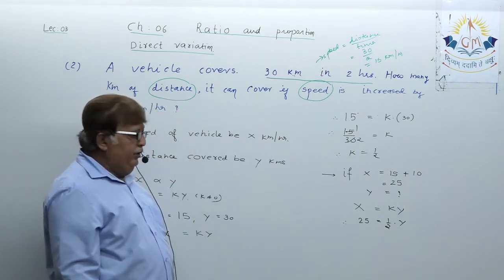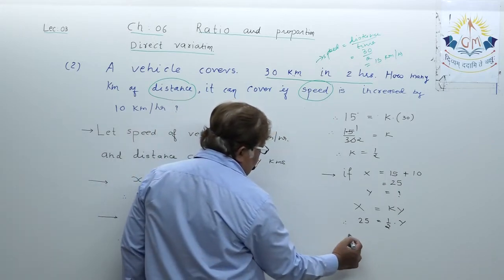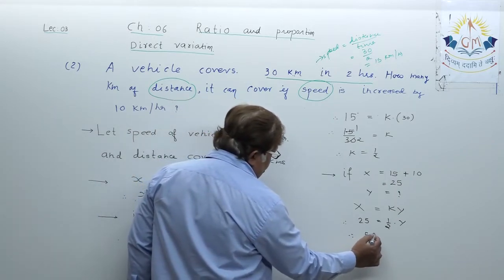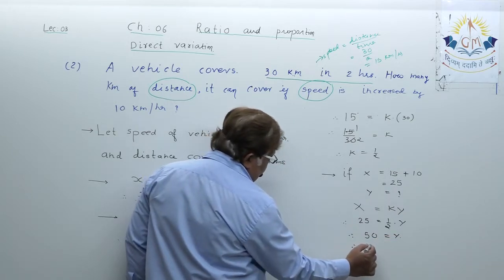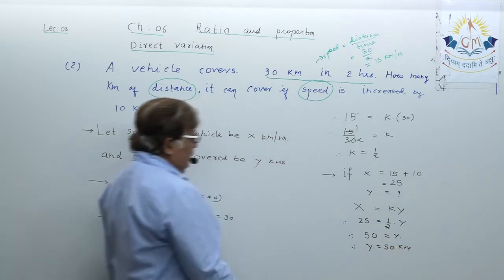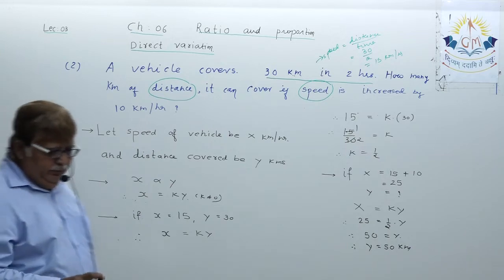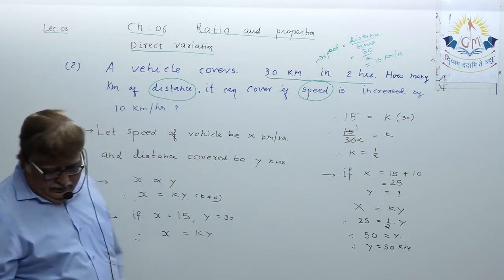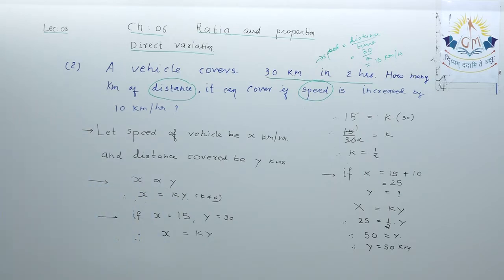Now you know the basics. What is going to happen? This will cross multiply here. 50 equals y. So you got the answer, y equals 50 kilometers.